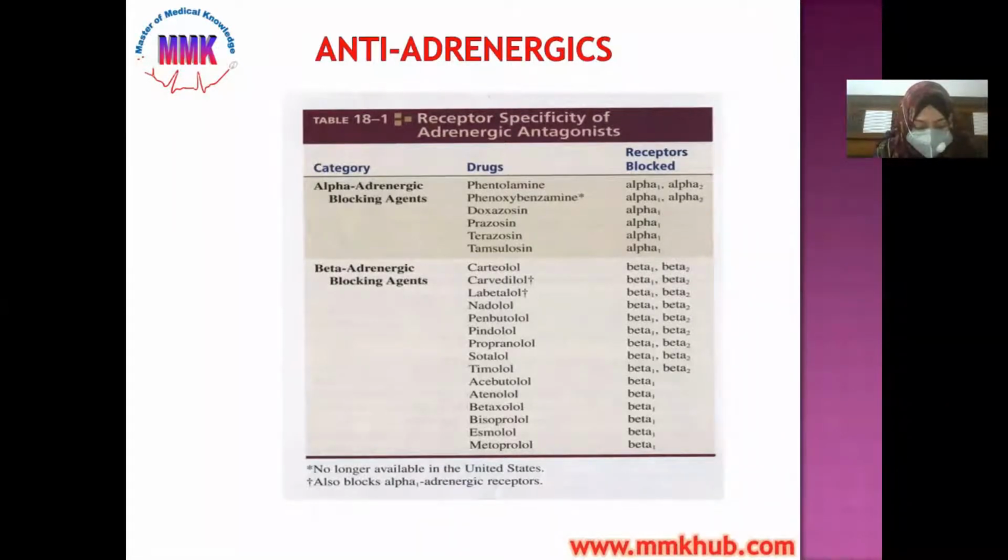When we study the selective and non-selective alpha blockers, we can see that there are two non-selective drugs: phentolamine and phenoxybenzamine. And when you talk about the alpha-1 antagonists, which work selectively on only alpha-1, these are doxazosin, prazosin, terazosin, and alfuzosin.